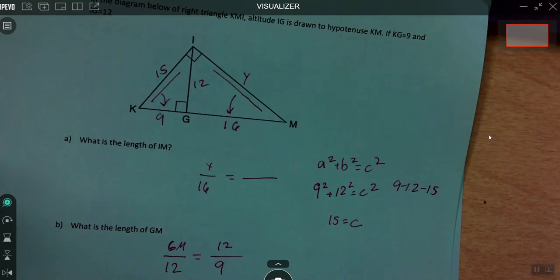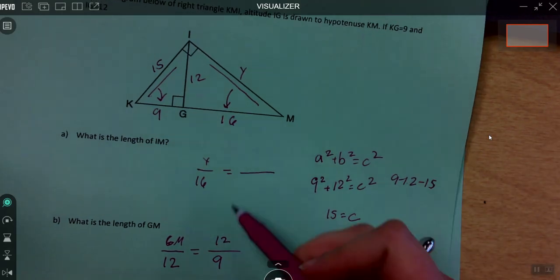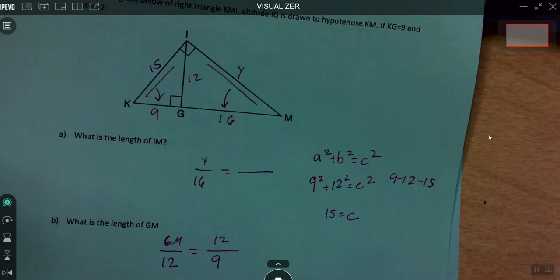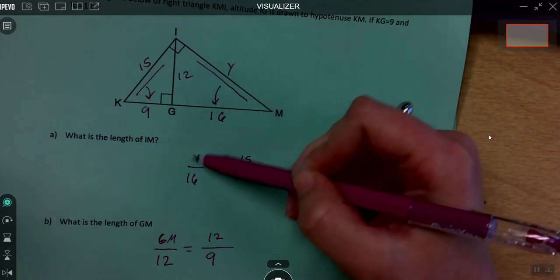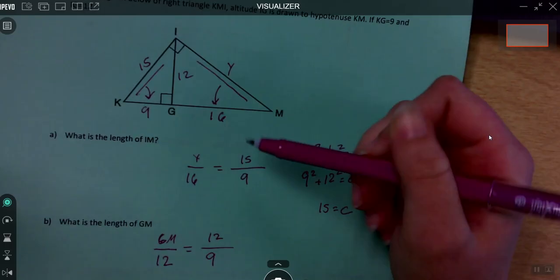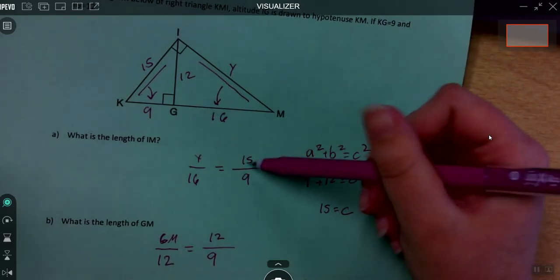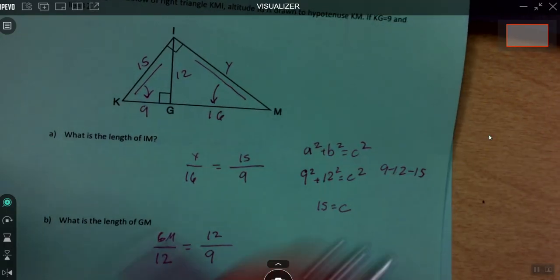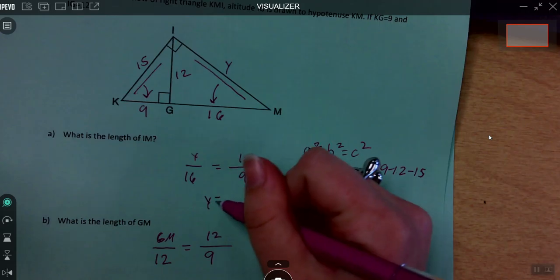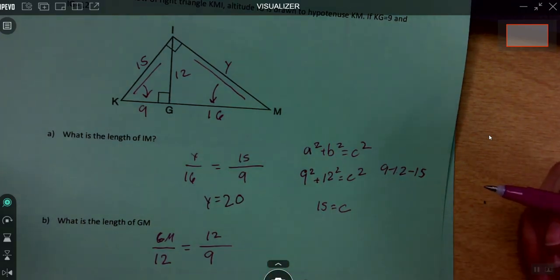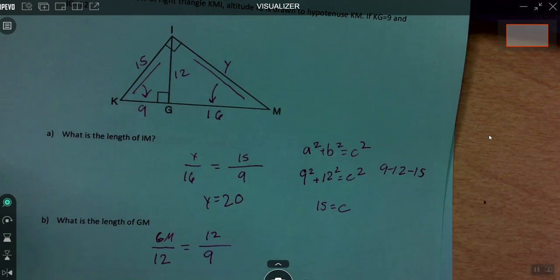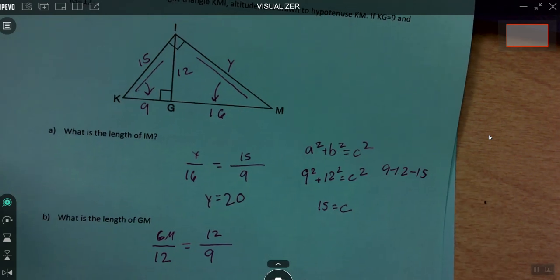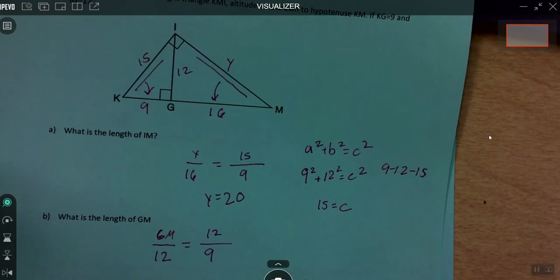So finish your proportion. 15 over 9. So we looked at the medium-sized triangle, this one, and our small triangle, this one. And I cross multiplied, and I should have gotten y equals 20. Or you could have just done this theorem with these sides. That would have been fine. You should have gotten the same answer as well.